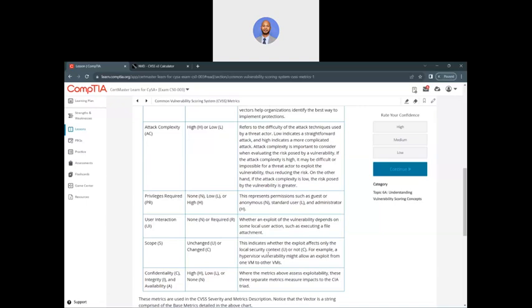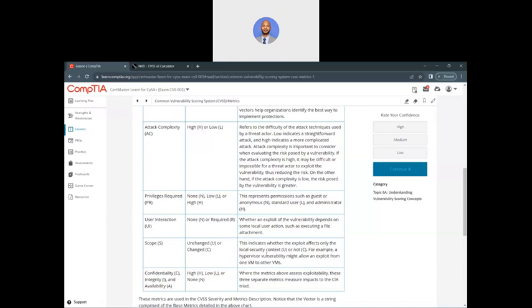So we have confidentiality, integrity, and availability, the CIA triad, where the metrics above assess exploitability. These three separate metrics assess impacts to the CIA triad, so whether any of the CIA triad objectives can be exploited based off of the specific threat.